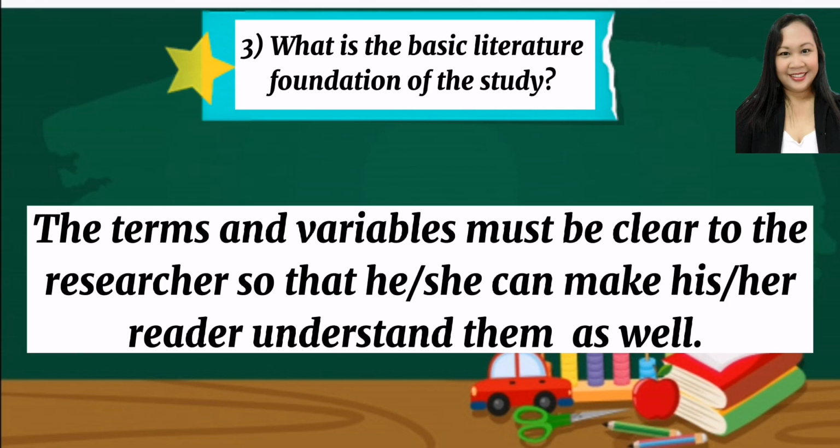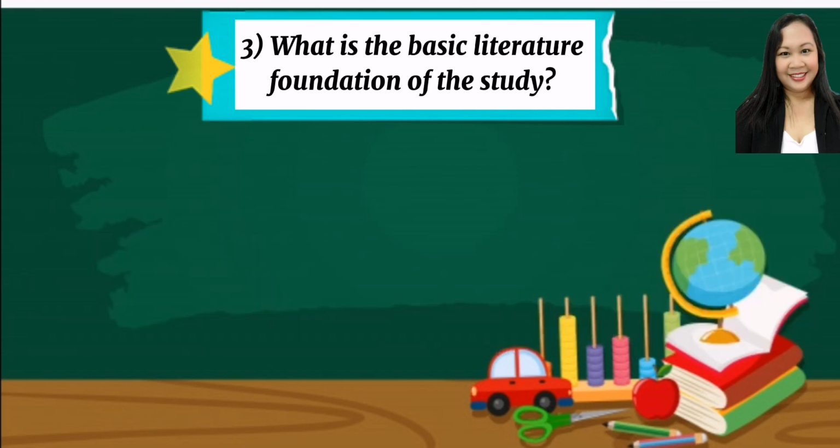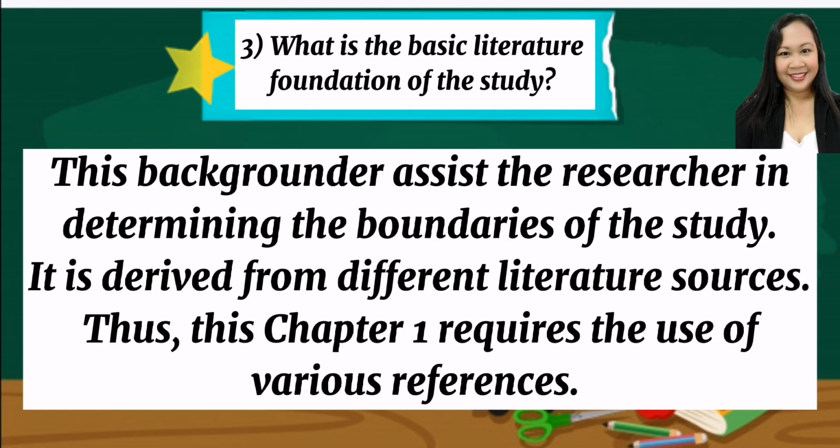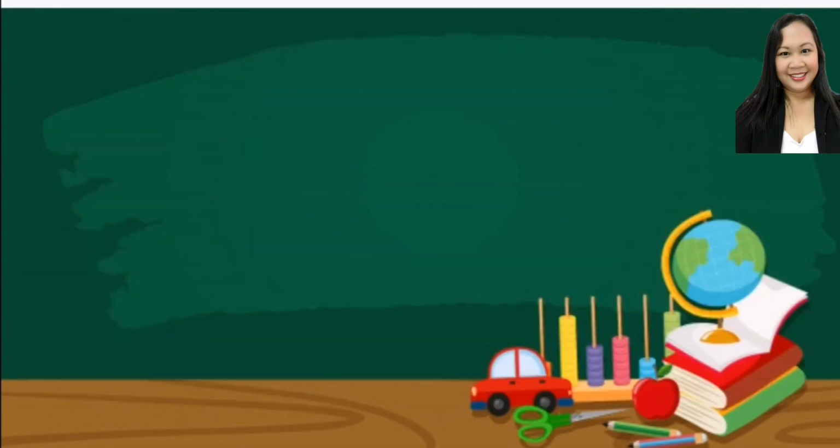The terms and variables must be clear to the researcher so that he or she can make the reader understand them as well. This backgrounder assists the researcher in determining the boundaries of the study. It is derived from the different literature sources. Thus, Chapter 1 requires the use of various references.